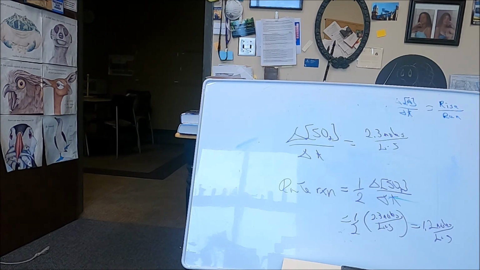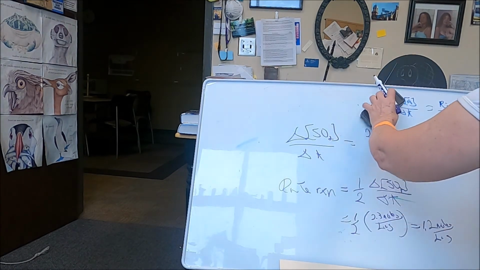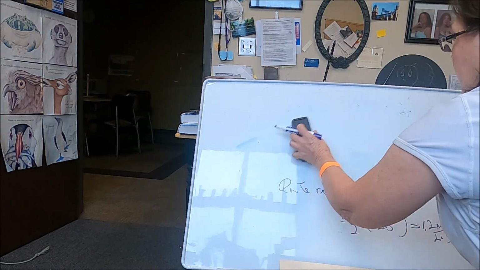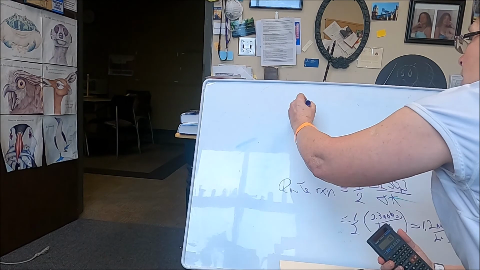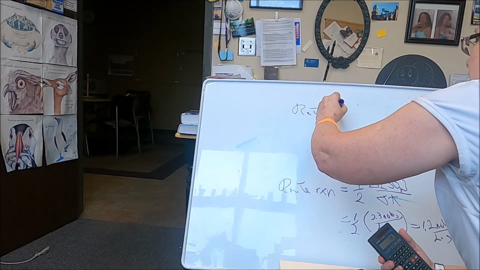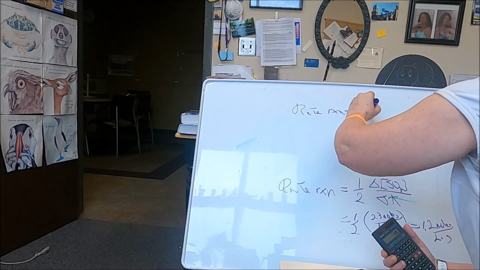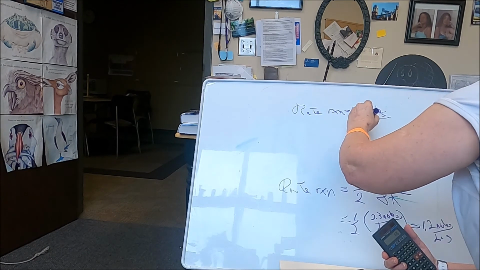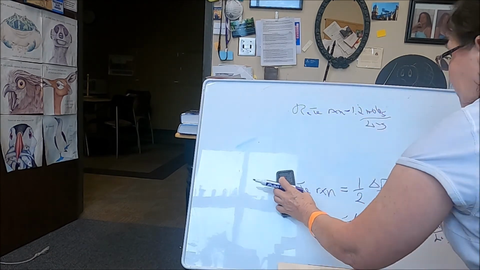Now, the rest of the question says, what is the rate of change for oxygen? Okay? Well, I know that the rate of the reaction is 1.2 moles over liters times seconds.